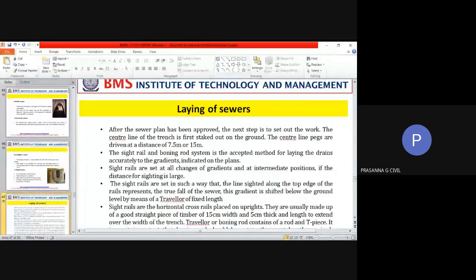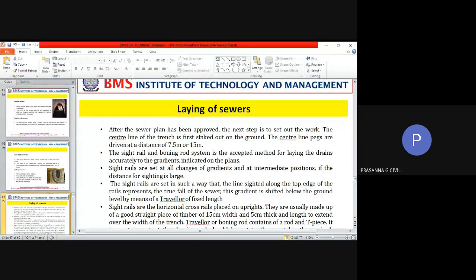All the pipe materials, the cross sections or the shapes of the sewers, and we had done some numericals regarding calculation of dry weather flow, wet weather flow for combined sewers, separate sewers, and partially separate sewers.